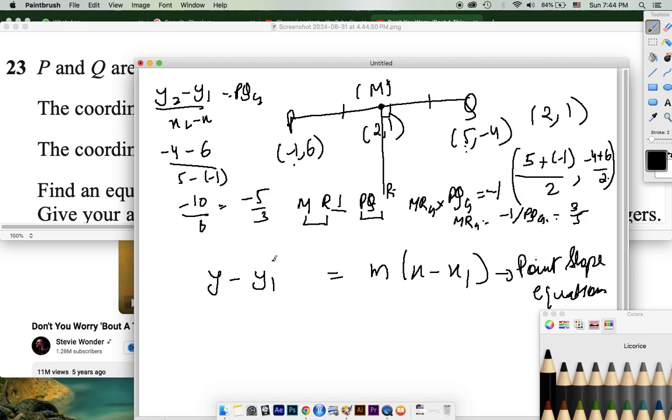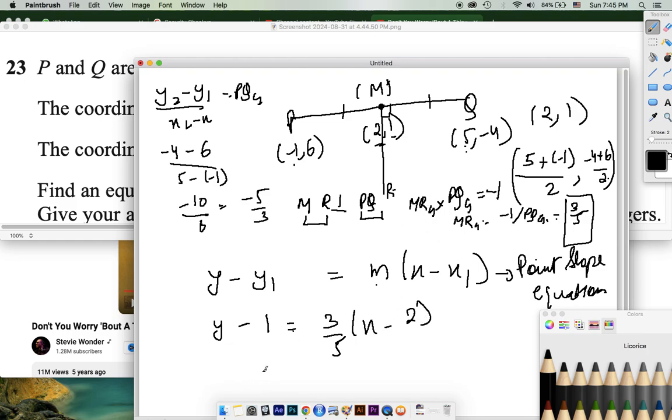In this case our x1 and y1 are the coordinates of the point M, so x1 is 2 and y1 is 1, and m is the gradient of line MR, which has come to 3 over 5. So y minus 1 is equal to 3 over 5 times (x minus 2).